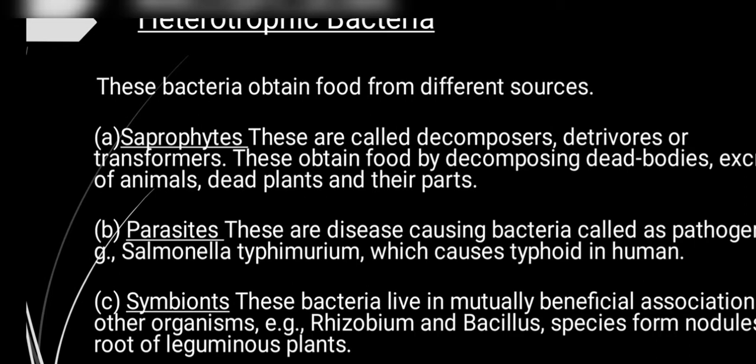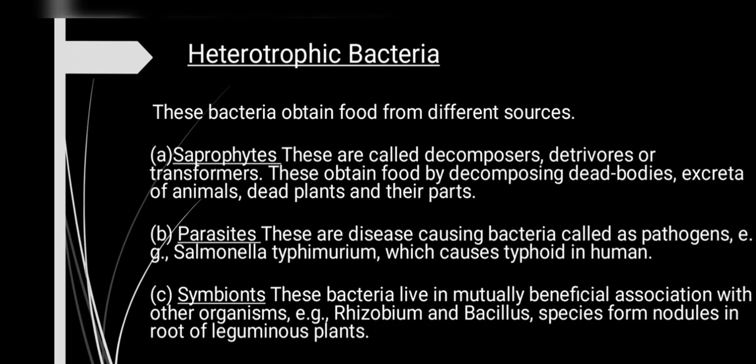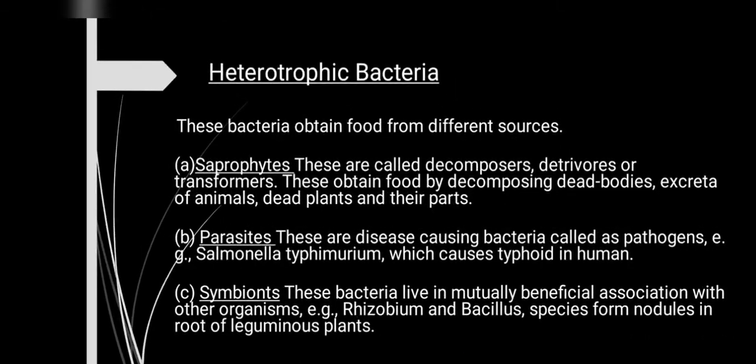These bacteria live in mutually beneficial association with other organisms, like Rhizobium and Bacillus. Rhizobium and Bacillus live in a symbiotic relationship in the nodules of the roots of leguminous plants, and as we have already learned in lower classes, they help in nitrogen fixation. So these are the three types of heterotrophic bacteria: saprophytes, parasites, and symbionts.